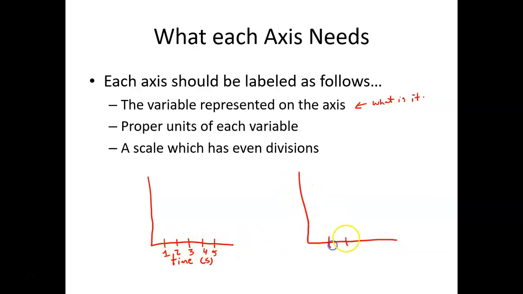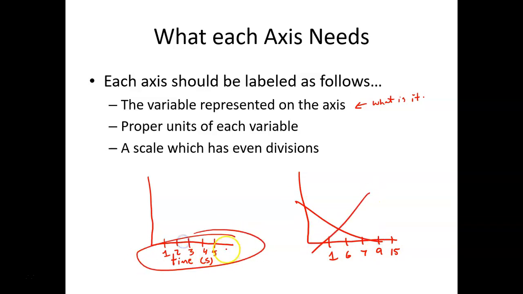We're not going to have it look something like this. 1, 6, 7, 9, 15, right? Those are uneven. Don't do that. Do it like that. And again, if you want to go like this, you could go 2, 4, and skip each one, 2. That's fine. Labeling units, but make sure that they are even.